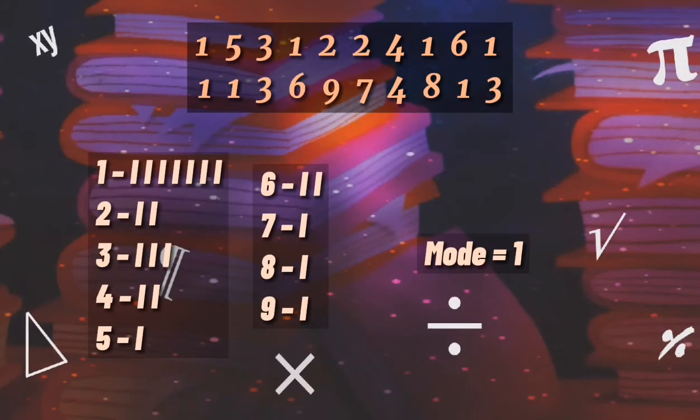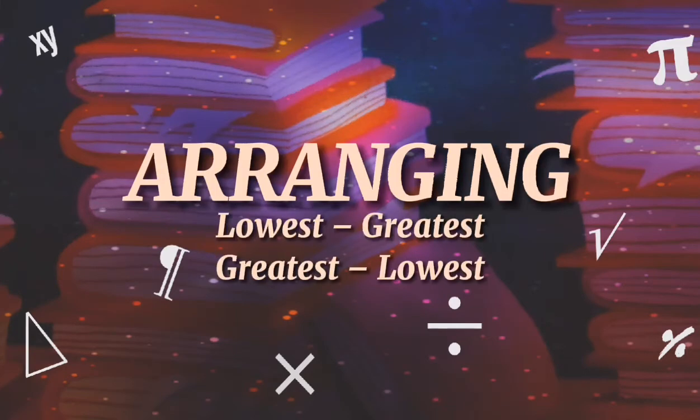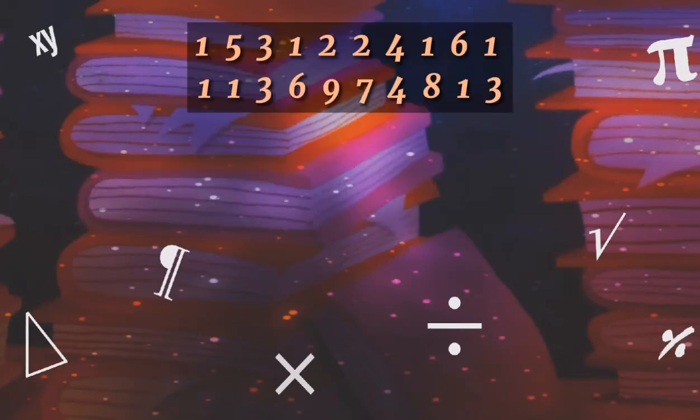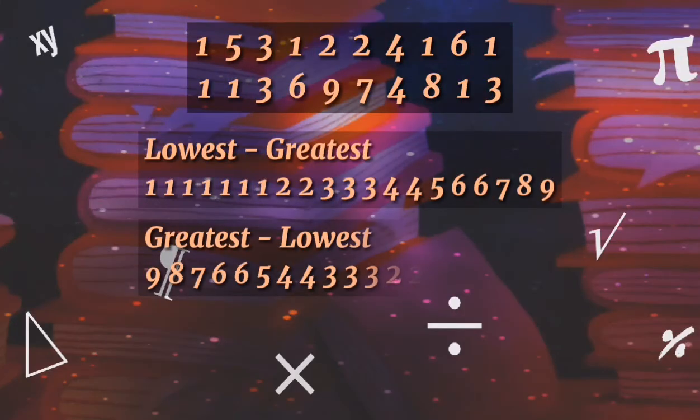The second way to find the mode is to arrange the numbers from lowest to greatest or from greatest to lowest. As you arrange them, you will see which number occurs most frequently because same numbers are placed next to each other.